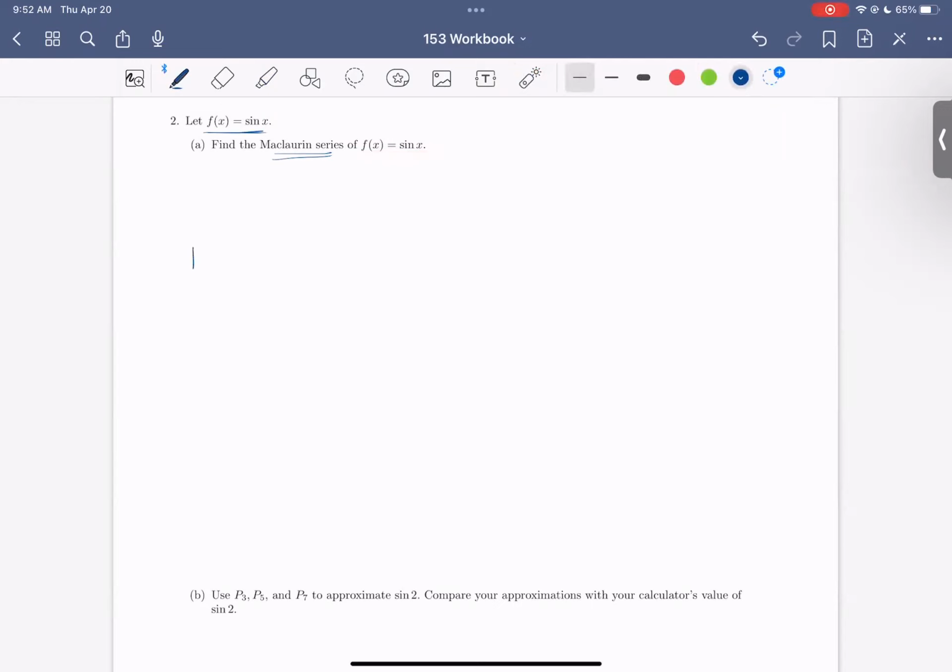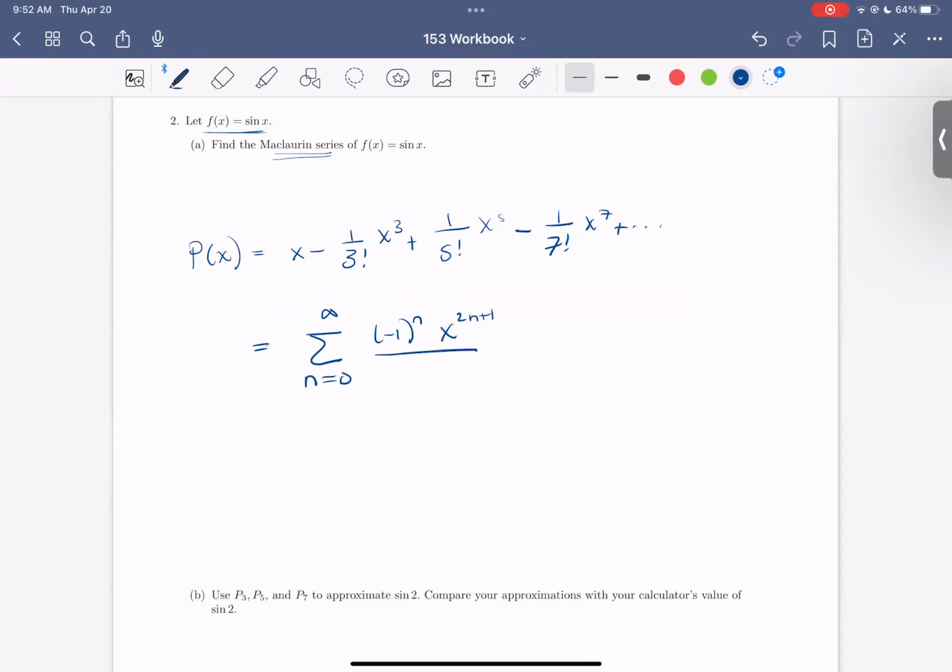In the end, we should be getting the Taylor series that looks like x minus 1 over 3 factorial x cubed plus 1 over 5 factorial x to the 5th minus 1 over 7 factorial x to the 7th, etc. A couple of cool things: we can recognize this as an alternating series, the sum from n equals 0 to infinity of negative 1 to the n, x to the 2n plus 1, all over 2n plus 1 factorial.